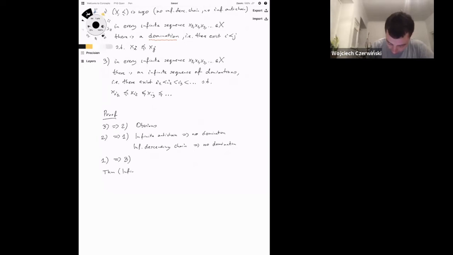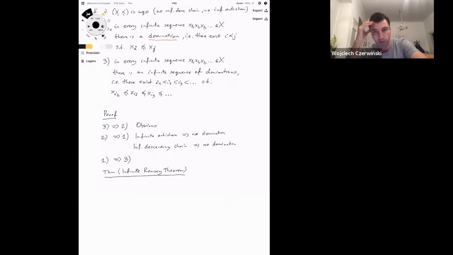It's called the infinite Ramsey theorem. And I also believe this is the most elegant way to prove this. You probably know Ramsey numbers, and they are connected with stuff like: you have a clique of big size and a bunch of colors, and you color the edges by these colors, and you want to have some monochromatic clique.